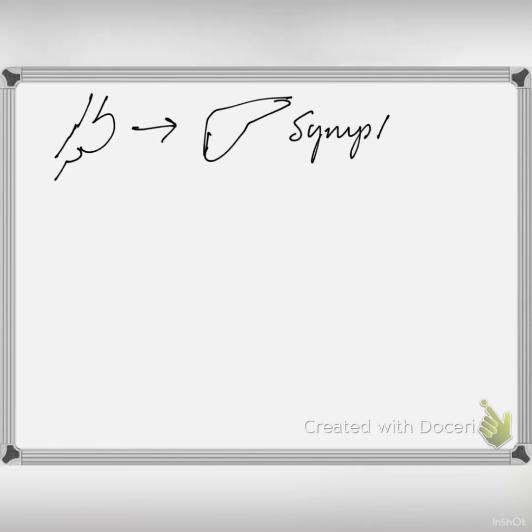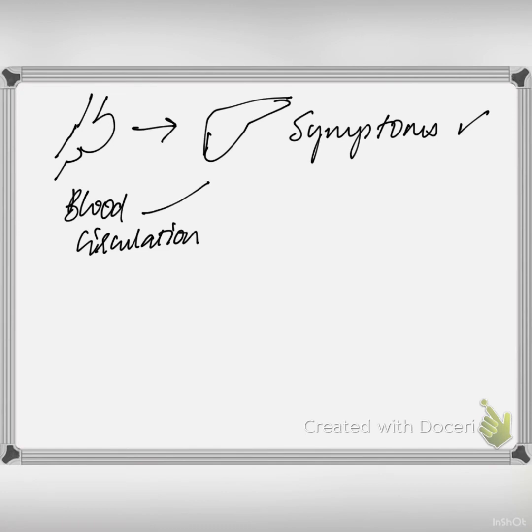Starting off symptoms. But why? Because usually the blood circulation goes from the stomach to the liver, and in the liver, because of its strong enzyme, it breaks down excess serotonin.